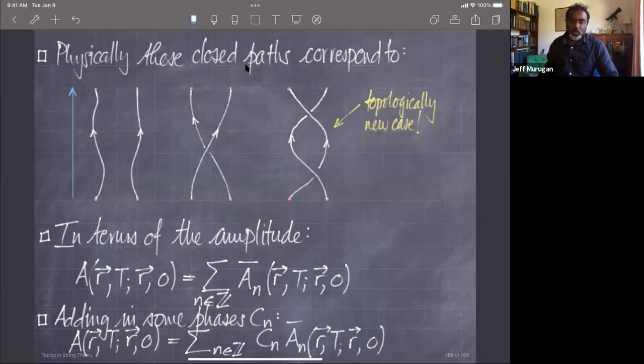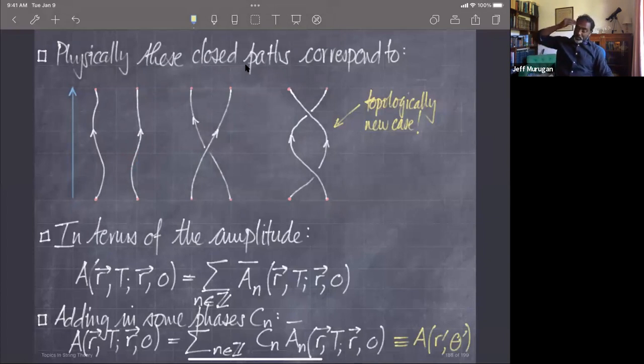Okay, and we do what we did the last time, and we assume that the start and end points are no longer the same, so that if we label our amplitude by a polar representation, I'm going to define this thing to be A of r prime, theta prime.